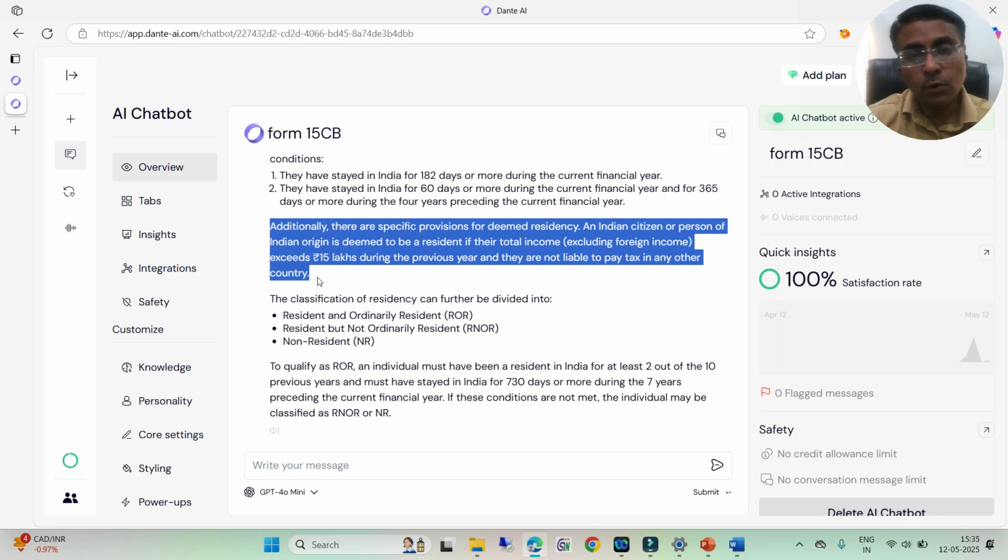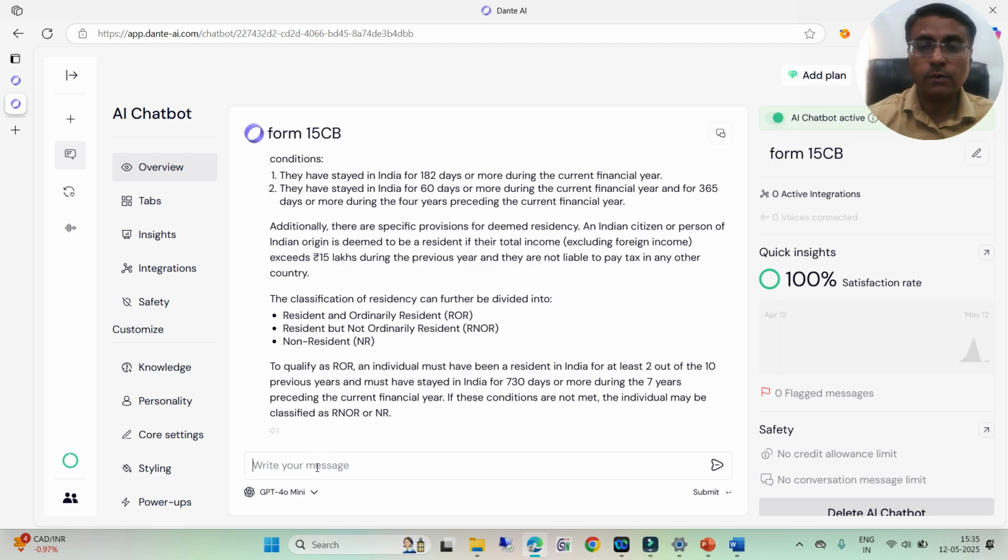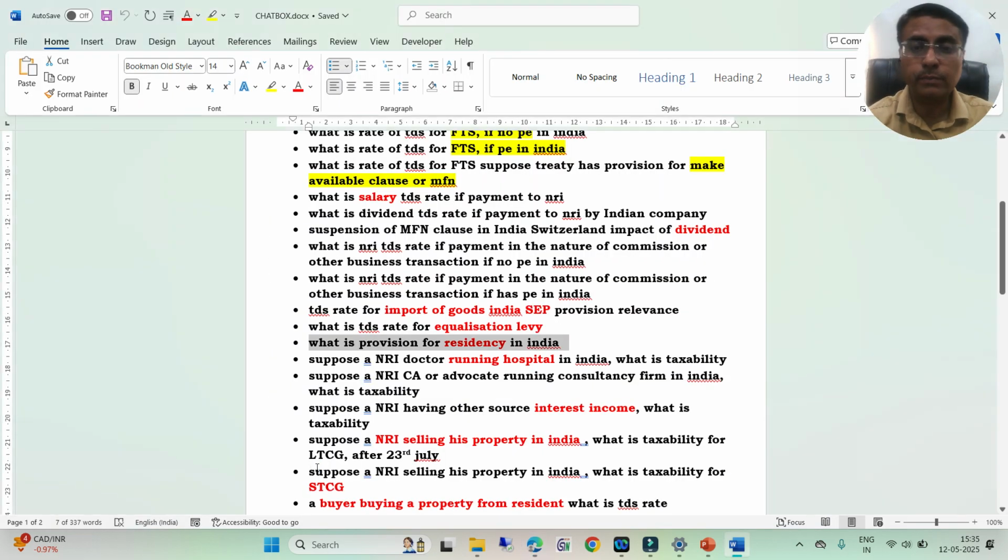You go around the world, 40 days, 50 days in a particular country, but no one country more than 182 days, but your Indian source of income is more than 15 lakh, your status in India is RNOR. So your Indian source of income would be taxed.